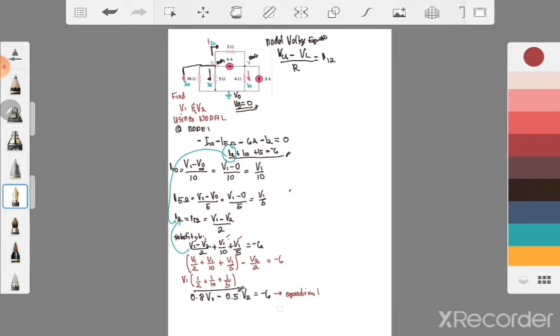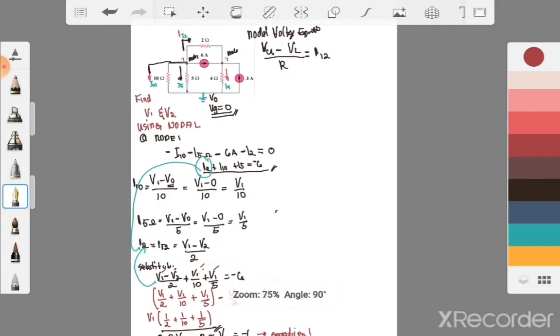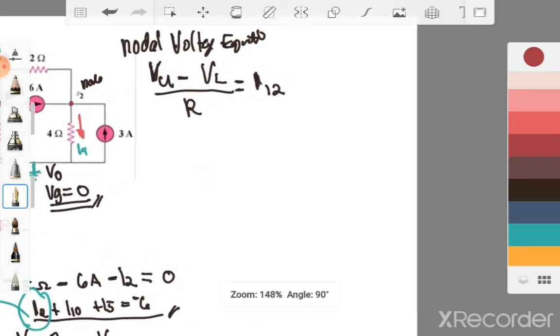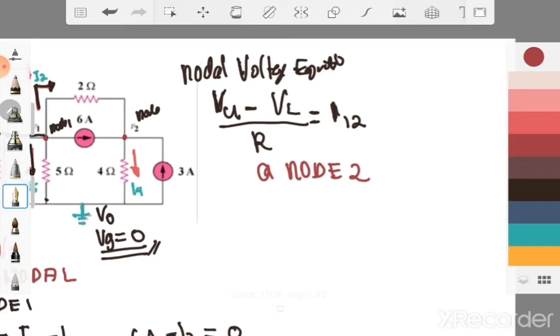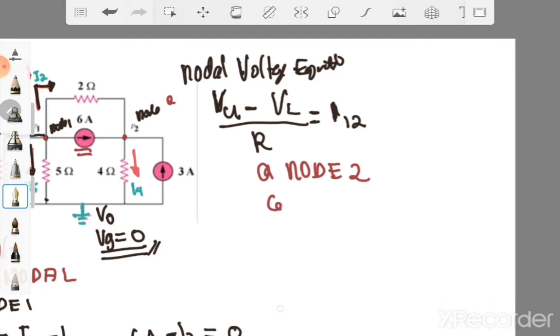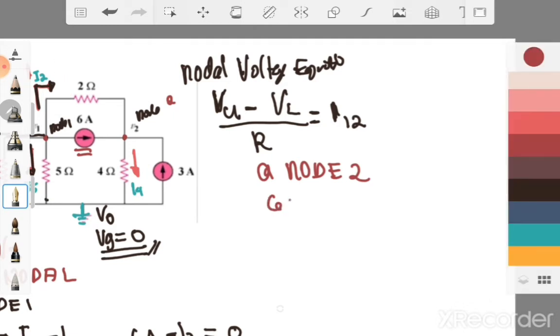Okay? Next is our equation at node 2. At node 2. Yan. What are the currents entering and going out your node 2? So we have positive 6 ampere, pumasok siya sa V2. And then yung I2 mo pumasok siya sa V2.